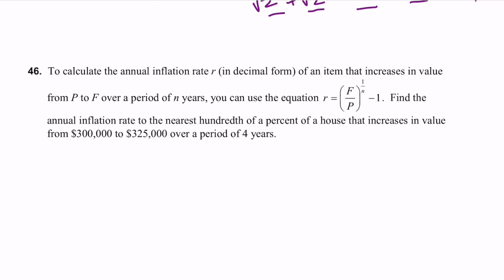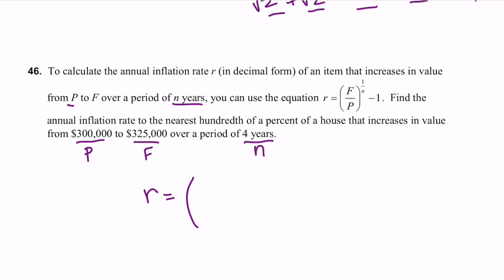We're going to find the annual inflation rate to the nearest hundredth of a percent of a house that increases in value from 300,000 to 325,000 over a period of 4 years. N is going to be our years. P, we're increasing from P to F. So P is going to be our principal or our starting amount. F is going to be our final amount. And then we're going to calculate the R.